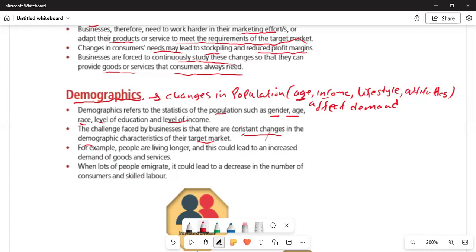For example, people are living longer, and this could lead to an increase in demand of goods and services. When lots of people immigrate, it could lead to a decrease in the number of consumers as well as skilled labor.